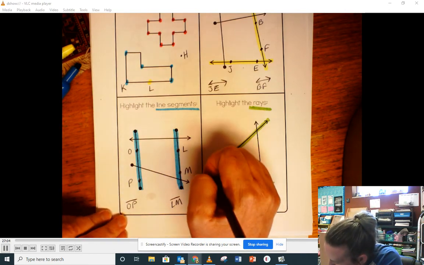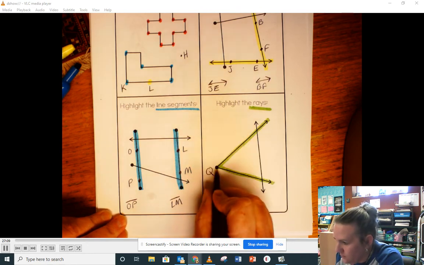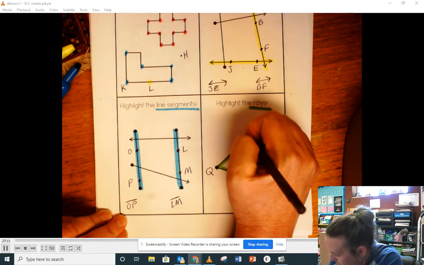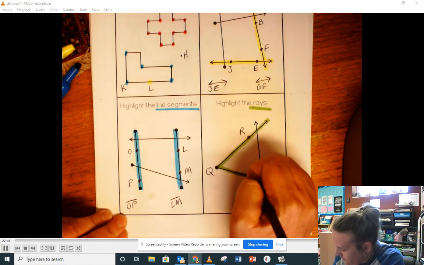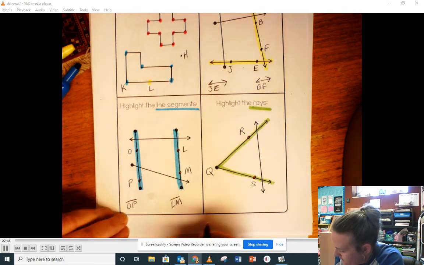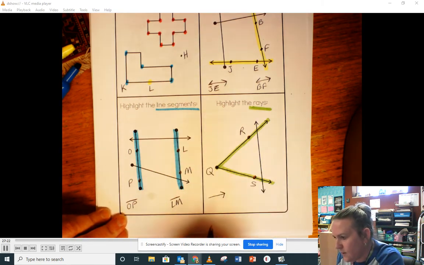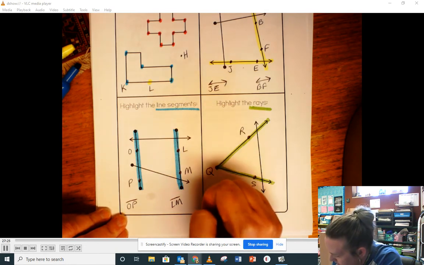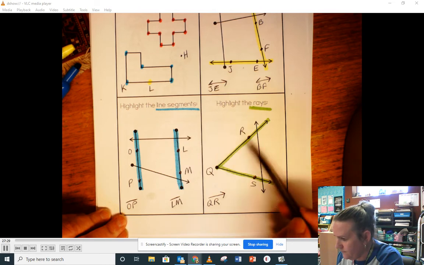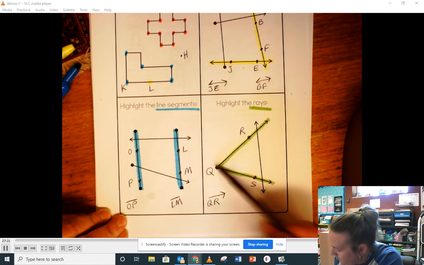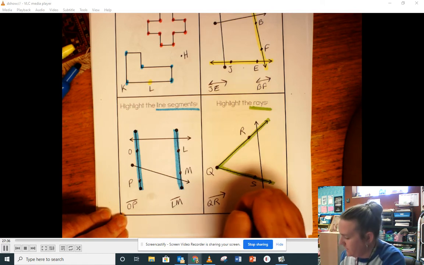Here we would put a letter at the vertex, the corner letter, so we can do Q. And we'll put R, and we'll put S. So now if I'm trying to communicate which ray I'm talking about, I'm either talking about ray QR, or I am talking about ray QS.